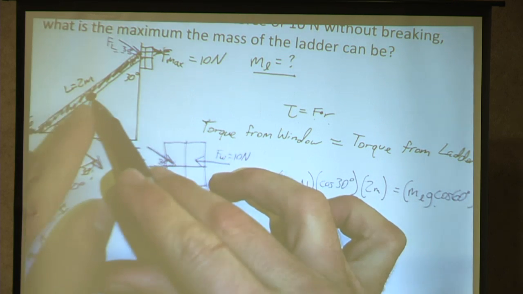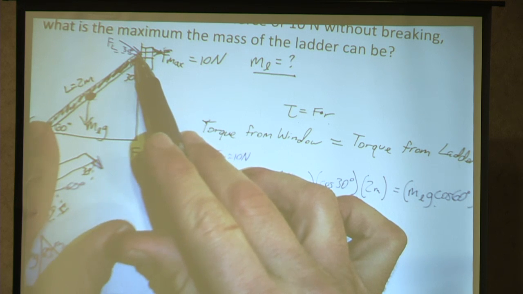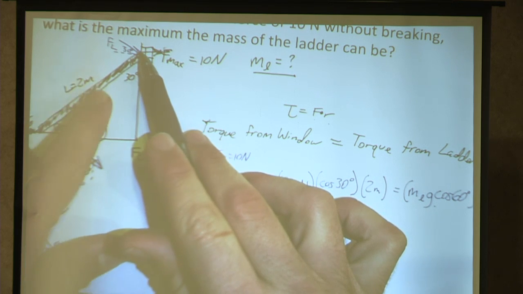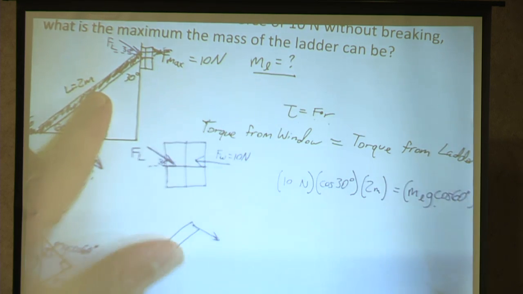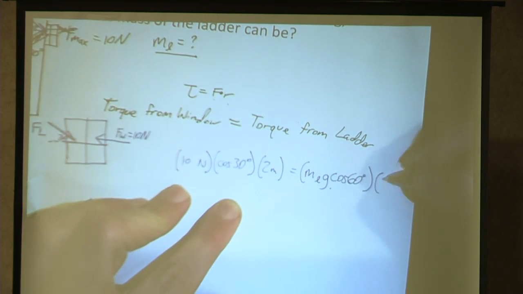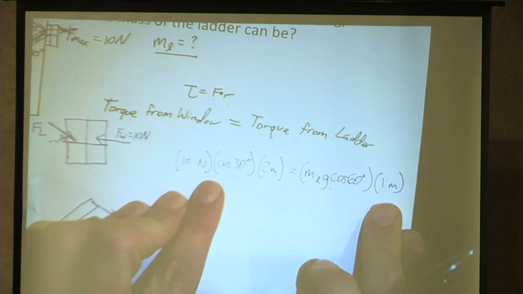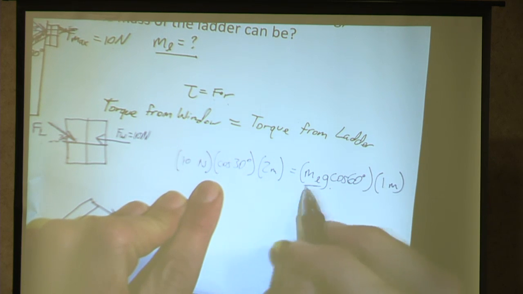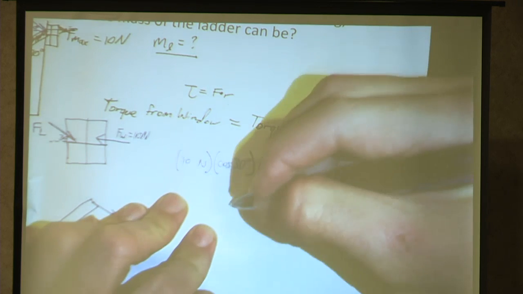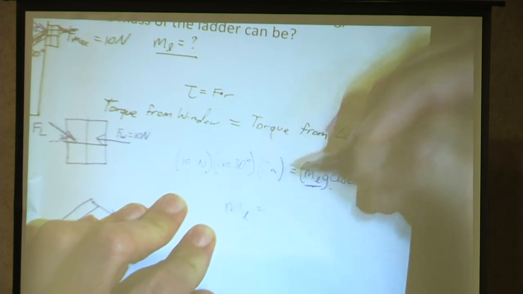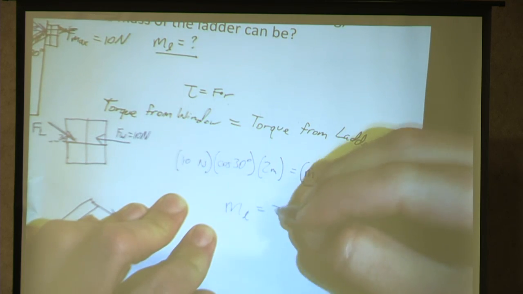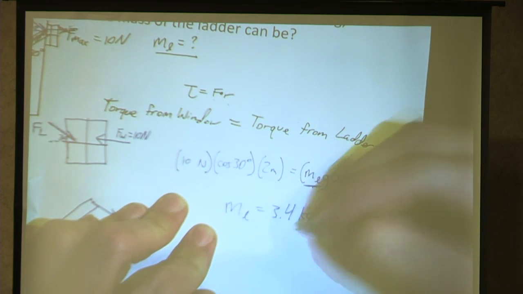Because we know that the ladder is 2 meters long total, the midway point of that ladder is going to be 1 meter. So this is our equation with all knowns, and the only thing we don't know is what we're looking for, the mass of the ladder. So when you solve that out, that comes out to 3.4 kilograms.